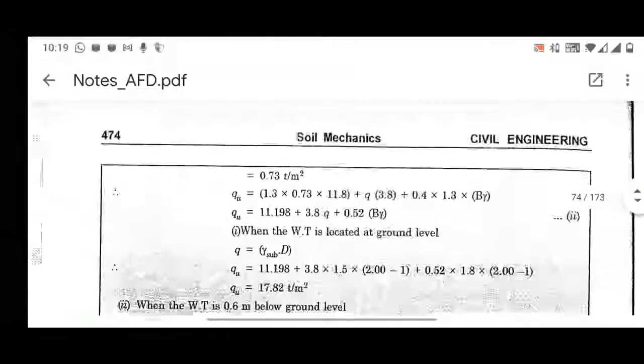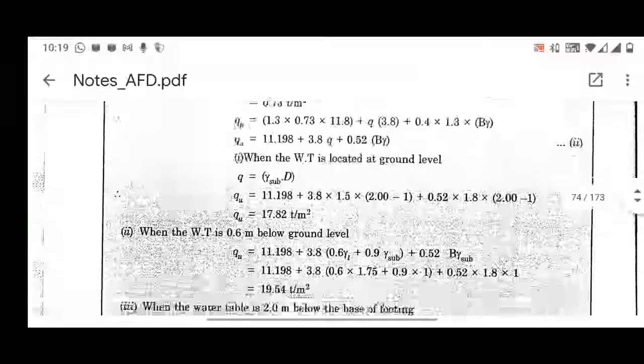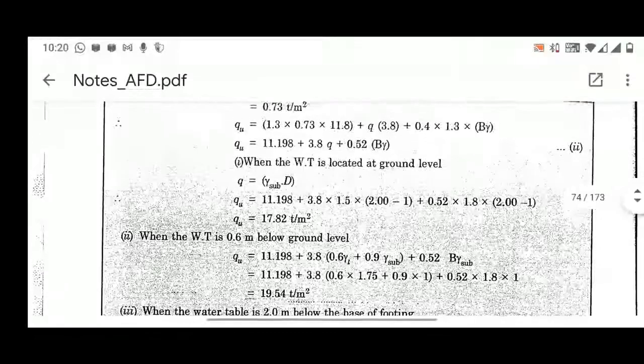Okay, so this is basically the case we have seen above. Now how will this q ultimate term be modified? We can easily see from what they have done, that is x times gamma t plus b minus x into gamma submerged. That is the modification we have seen above.